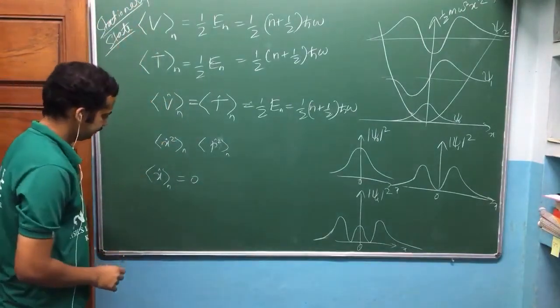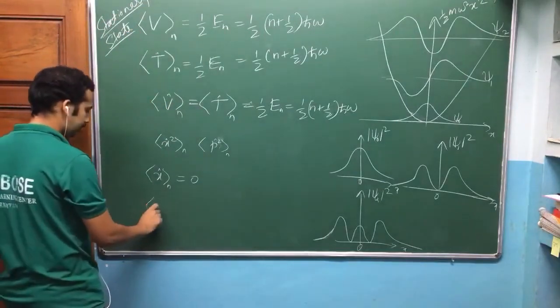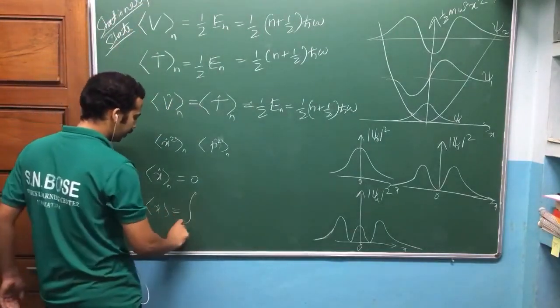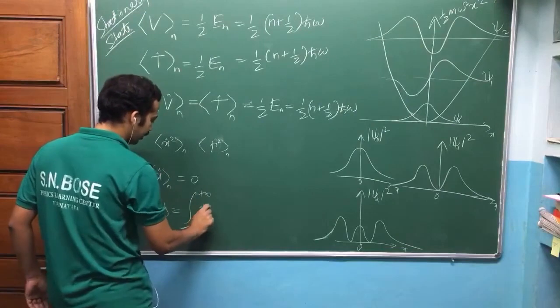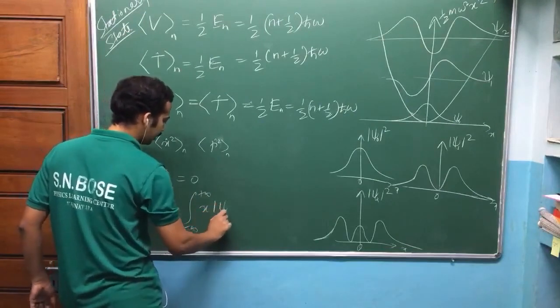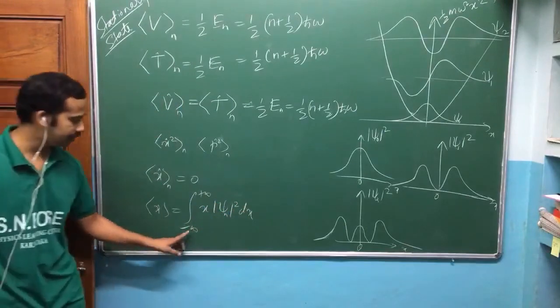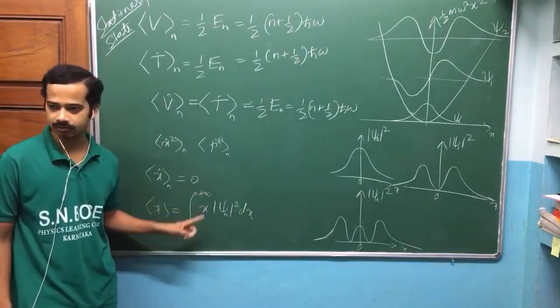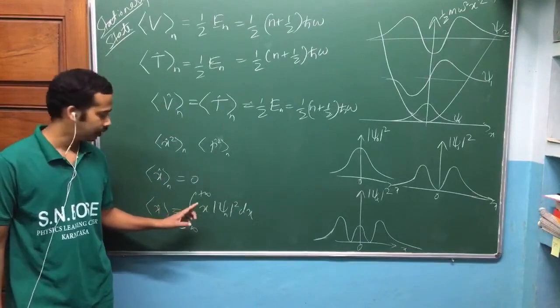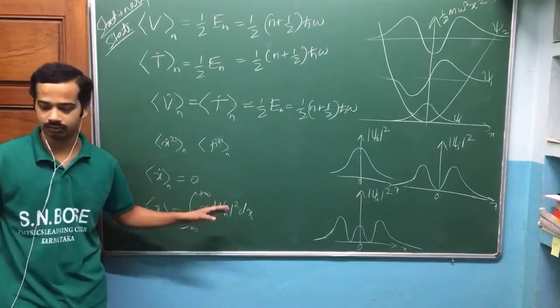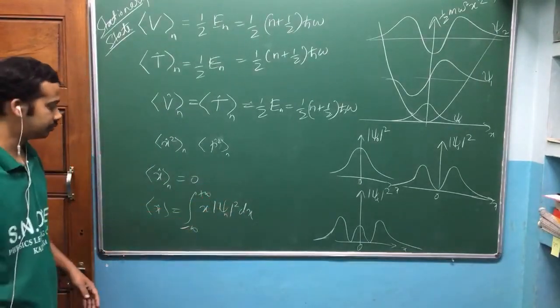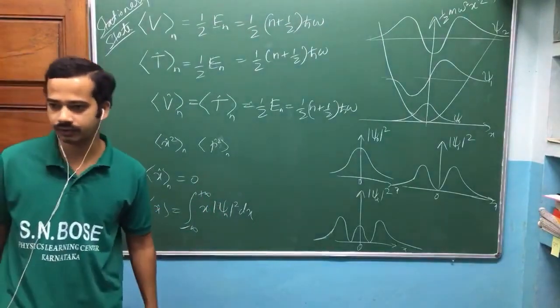Now look here. You can find it in another way also. Minus infinity to plus infinity, x into mod psi n square dx. Your limit is symmetric here. Whatever psi n is, mod psi n square is always an even function.